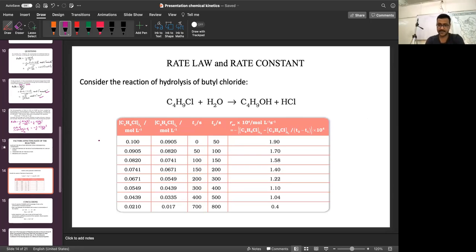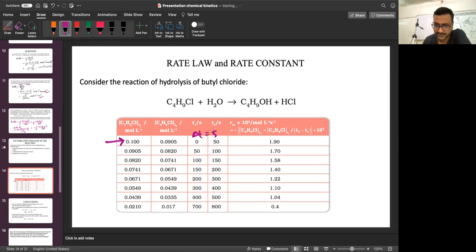Initially the concentration of the butyl chloride was 0.100 mole per liter, and the concentration of C4H9Cl was 0.0905, and we have taken the delta T here of 50 seconds.